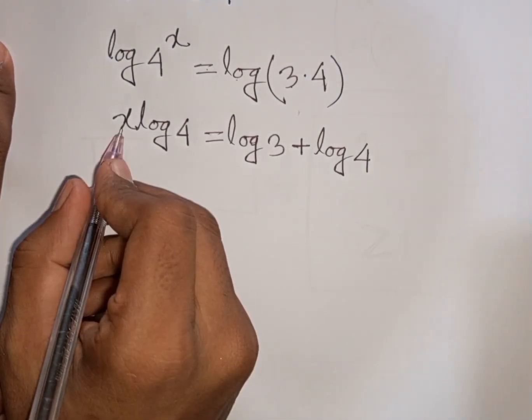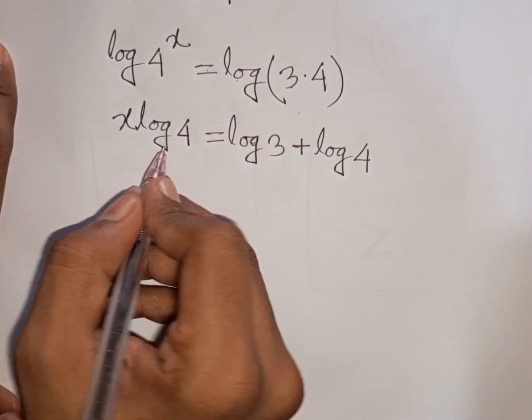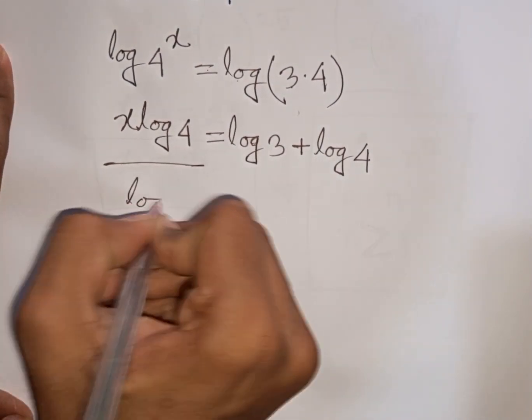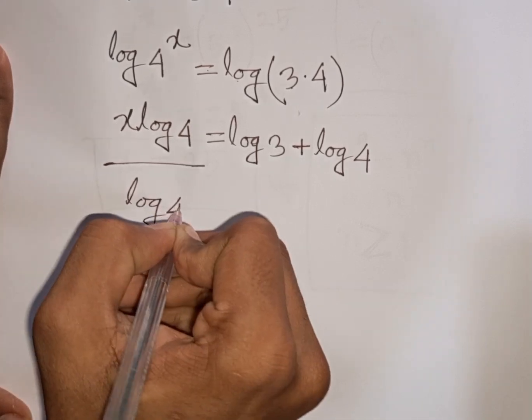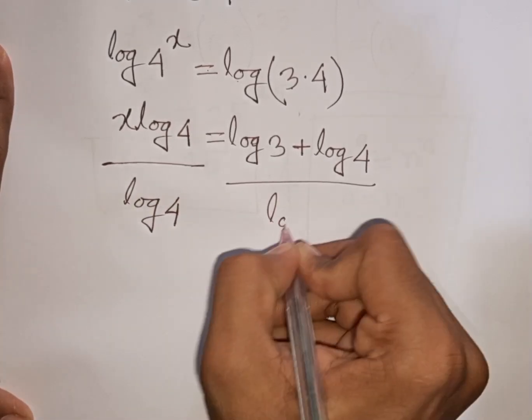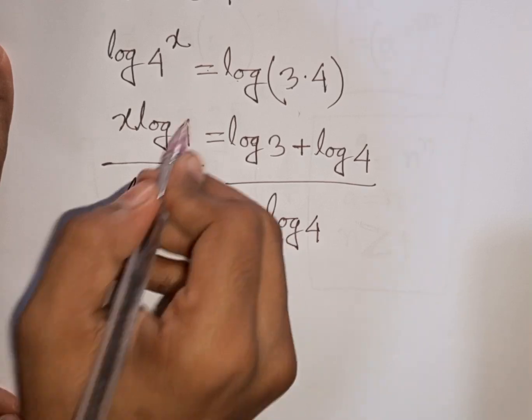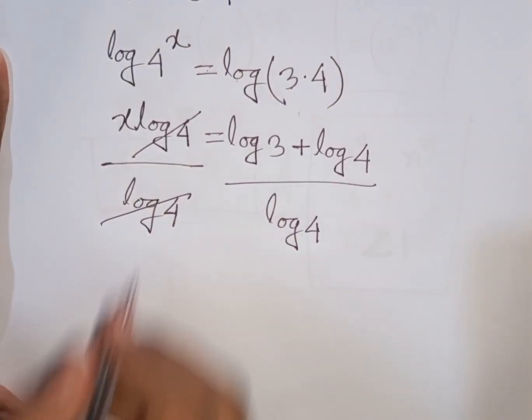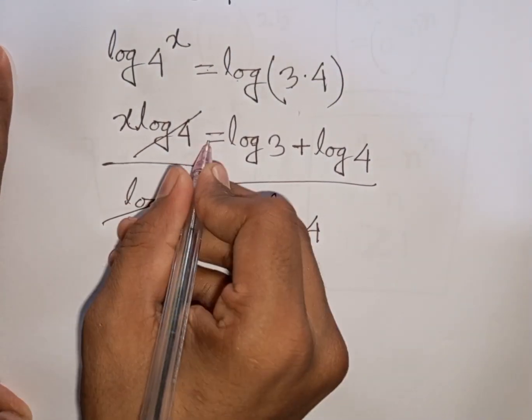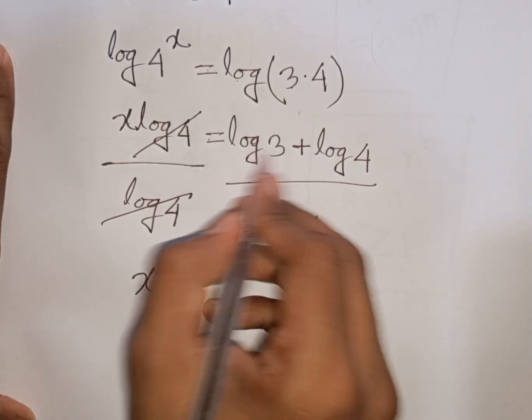Now we need the value of x, so we divide by log 4 on both sides. Now this log 4 will be cancelled.